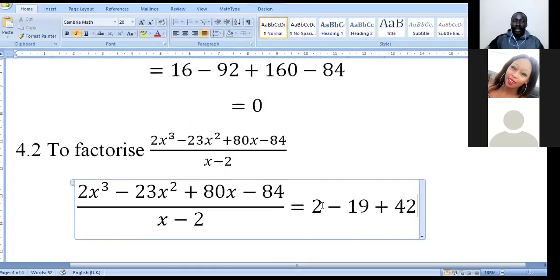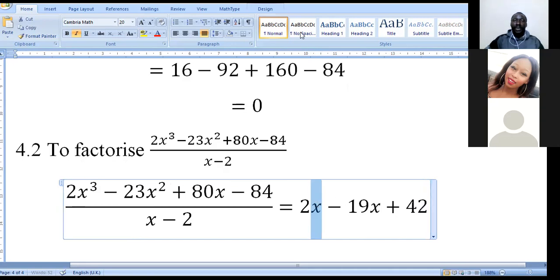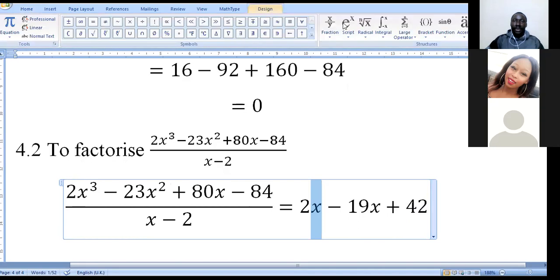So with this one being the coefficient of x squared, this one being the coefficient of x, okay? And this other one, 42, being the constant. So negative 19 is the coefficient of x, and 2 is the coefficient of what? X squared. We put it right down there, x squared, like that. Yes, so that's what we have got.